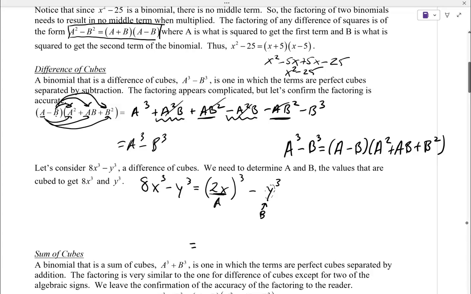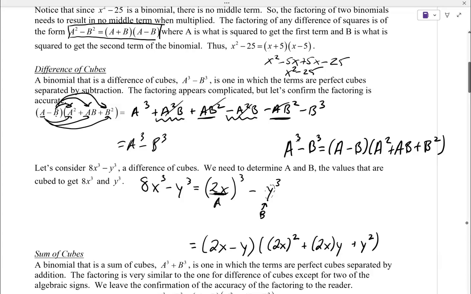So using the formula then, what do we get? You get a 2x, right? But remember, the cubed is on this side. The A part is just the 2x. So it's 2x minus y, right? And then it's 2x squared plus 2x times y plus y squared.